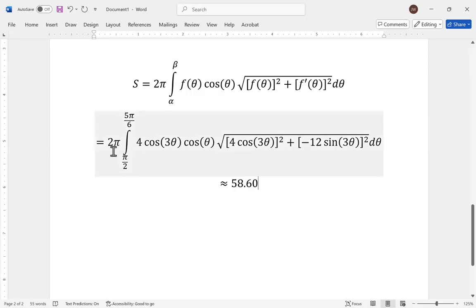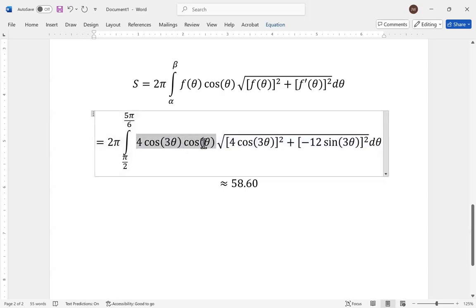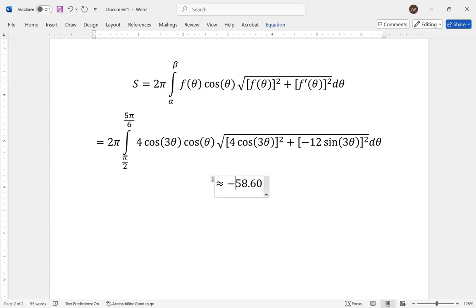So again, the reason why this came out as a negative was because my radius technically came from my x value, and every time in this example, my x value was to the left of the y-axis, or in other words, to the left of the line theta equals pi over 2. So I got a negative x value, which was a negative radius, which led to a negative 58.60.